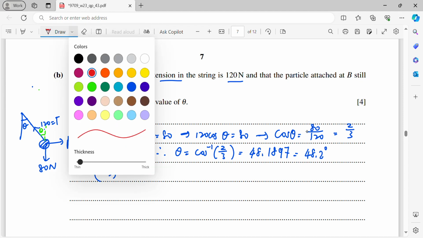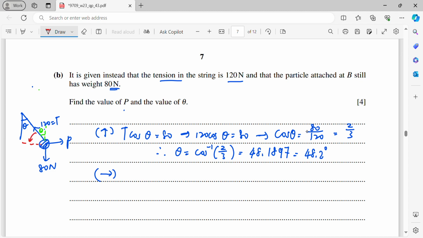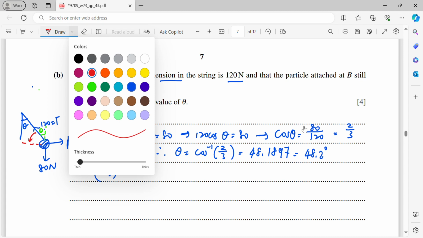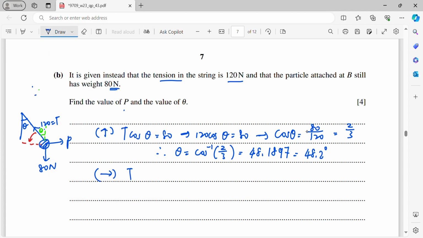Now to get the P, we resolve horizontally. When I resolve horizontally, it will be 120 sine theta. So I will write T sine theta is P. Therefore, P is 120 sine 48.2 degrees. For the calculation, better not to use the rounded off value.